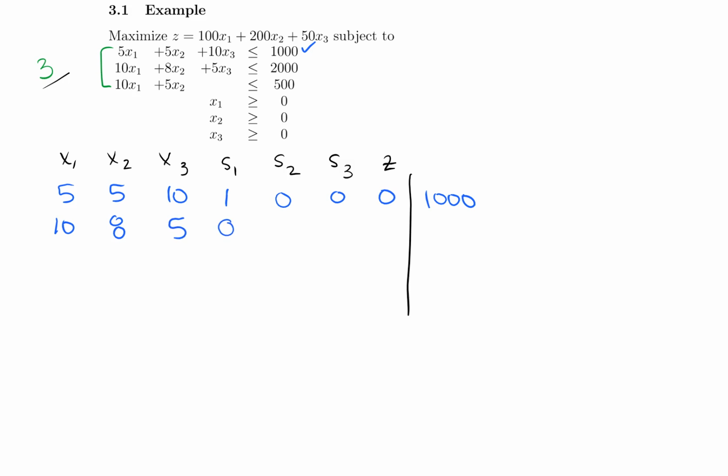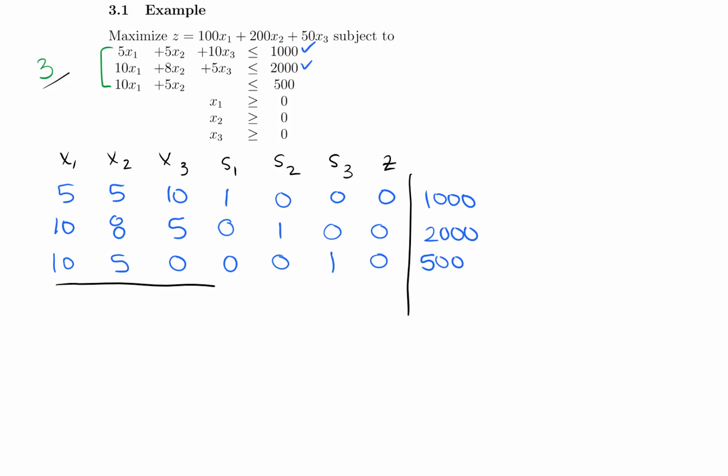Now slack 1 only applies to the first constraint, so we have no slack 1, but we will have 1 slack 2 in order to make the second inequality an equation. And then we'll have 0 for slack 3 and for z, and our constant is 2000. So we've got the second one. And last but not least, we will have 10, 5, we have 0 x3, 0 slack 1, 0 slack 2, 1 slack 3, because we're on the third constraint, 0 for the z, and 500 for our constant.